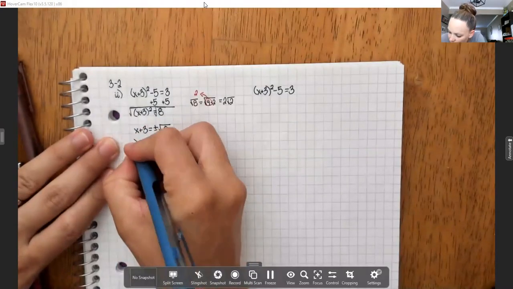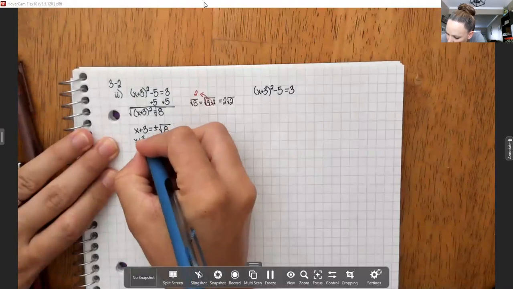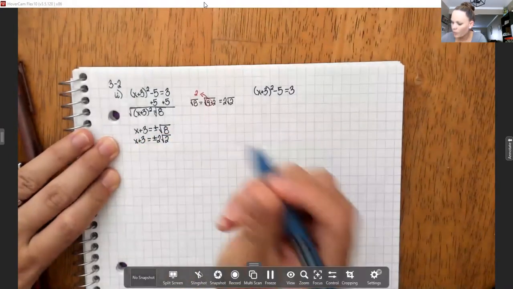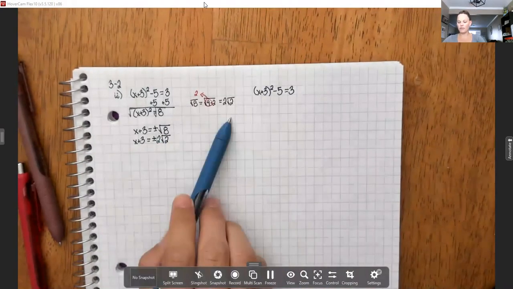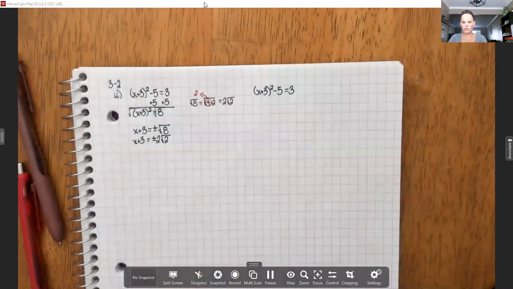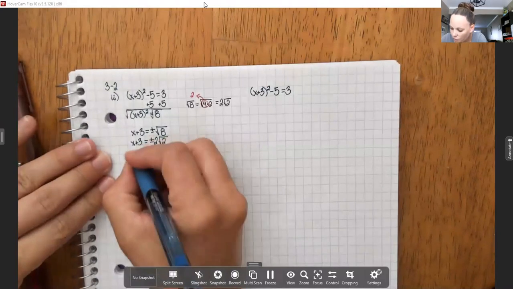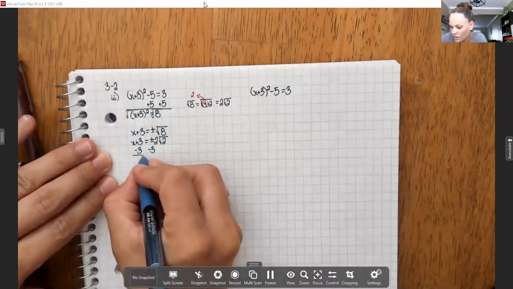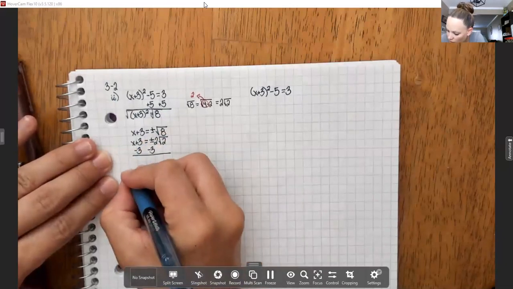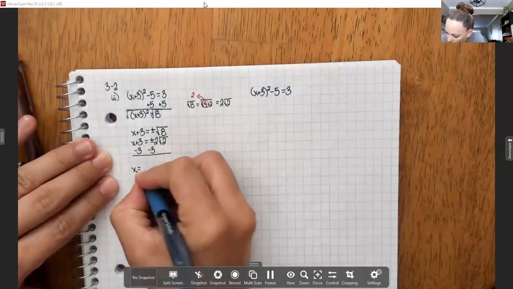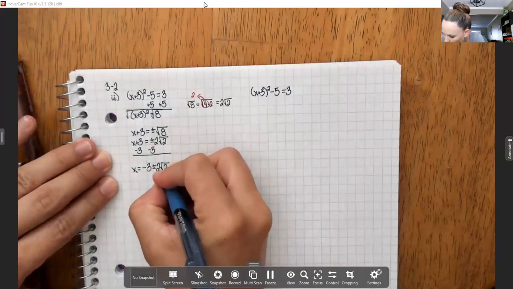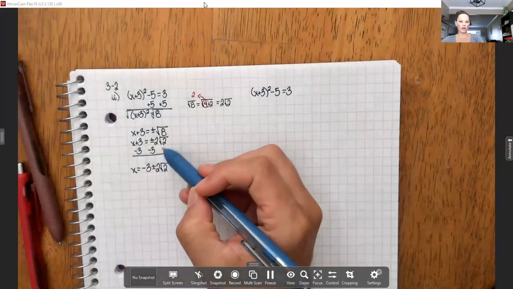So this is x plus 3 equals plus or minus 2 root 2. The square root of 8 we simplified to 2 root 2. We're trying to get x alone, so we subtract 3 on both sides. X equals negative 3 plus or minus 2 root 2. So these are not like terms, essentially.